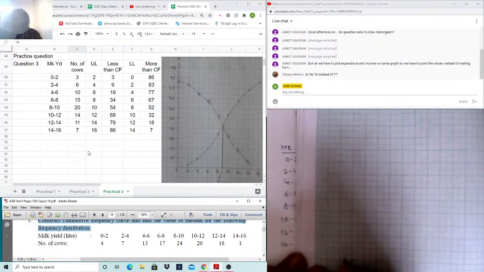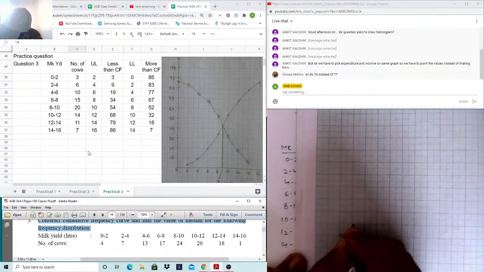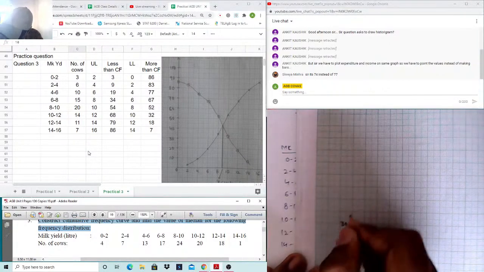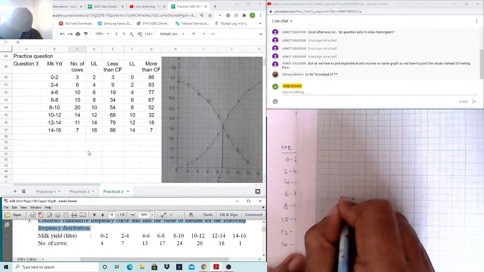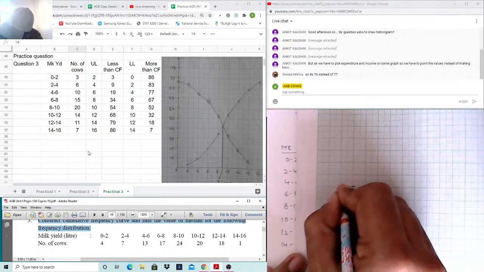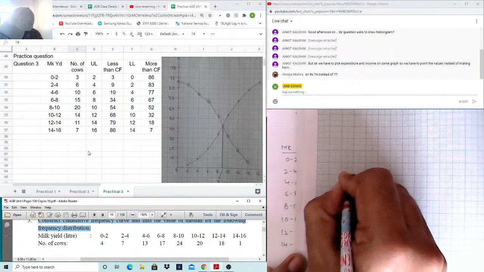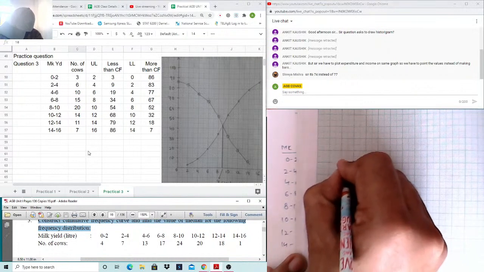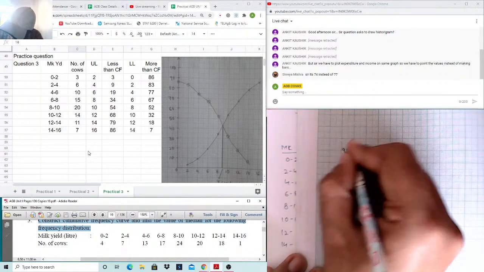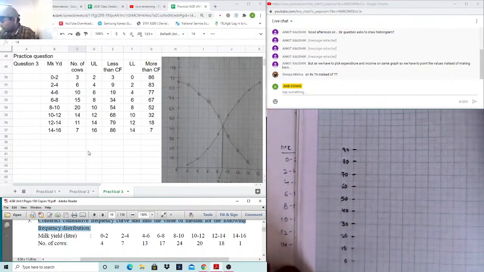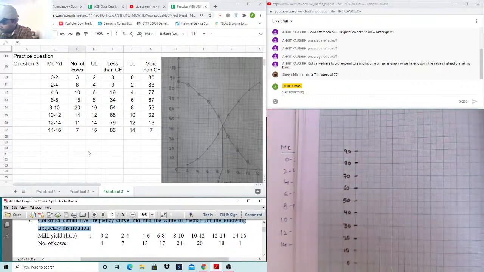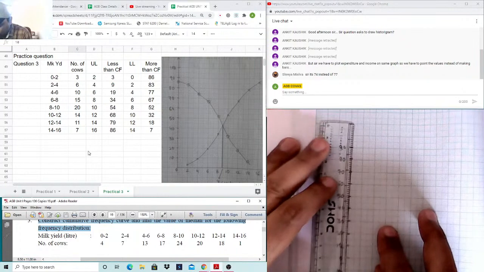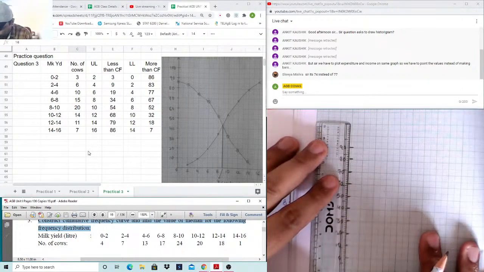So if this is 0, then 10, 20, 30, 40, 50, 70, and now you can just draw your y-axis.